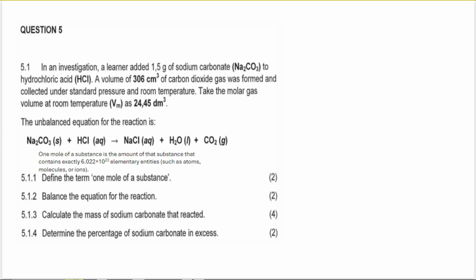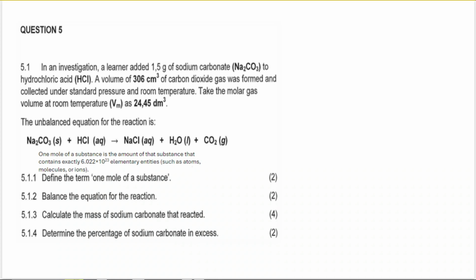Okay, so the next question says balance the equation for the reaction. So let's balance it. How many sodiums do we have on the left hand side? We have 2 sodiums, and on the right hand side we have 1 sodium. So clearly there is an imbalance of sodiums.